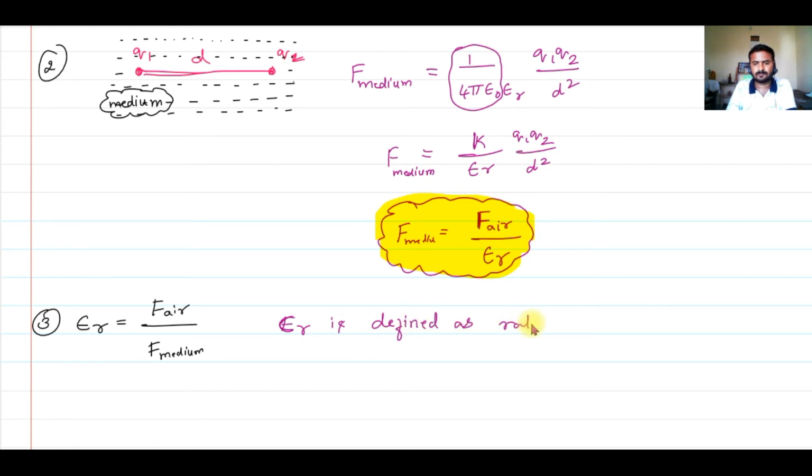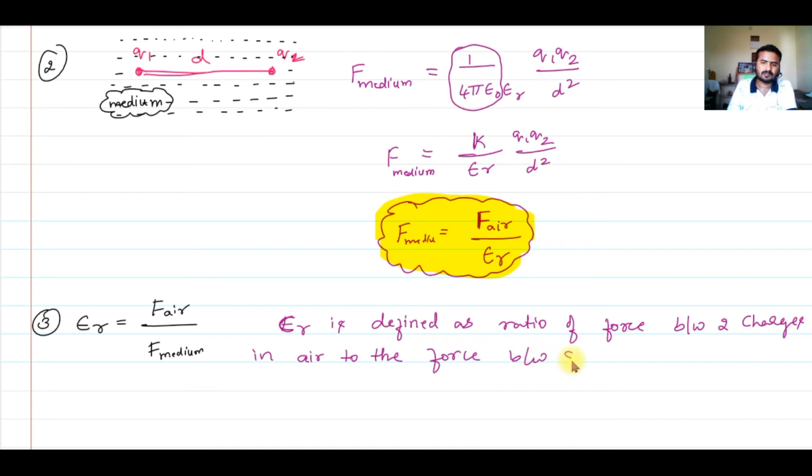I'm just directly writing epsilon r is defined as ratio of force between two charges in air to the force between same two charges in a given medium separated by same distance.